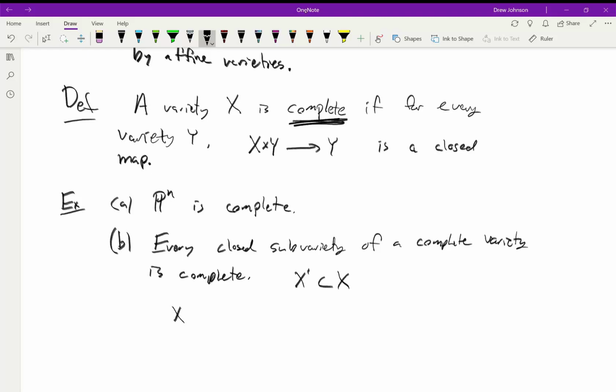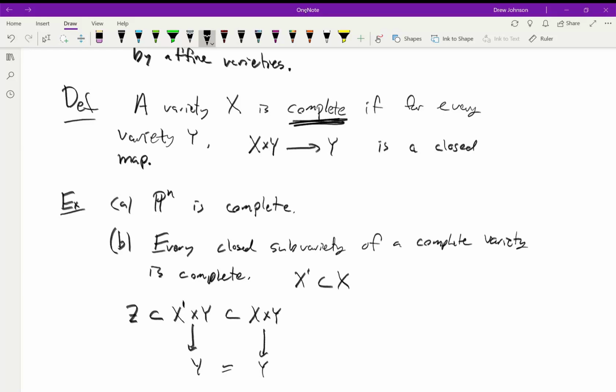Then you can take X' × Y. That will be closed in X × Y. And then if you take any closed subset of X' × Y, it will still be closed in X × Y. So then when you project it down to Y, the image of Z in Y here will be closed, but it's easy to see that this diagram commutes, right?